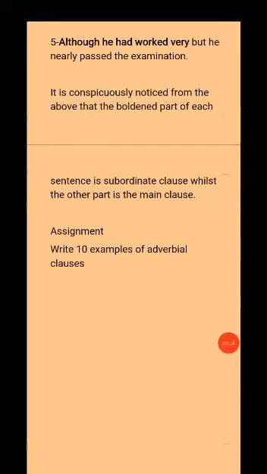Now the assignment asks us to write 10 examples of adverbial clauses. So let's endeavor to do this. Inshallah, probably next week we shall meet in class. We will go through everything, and I want you to be very conversant with the past question solutions that you have.